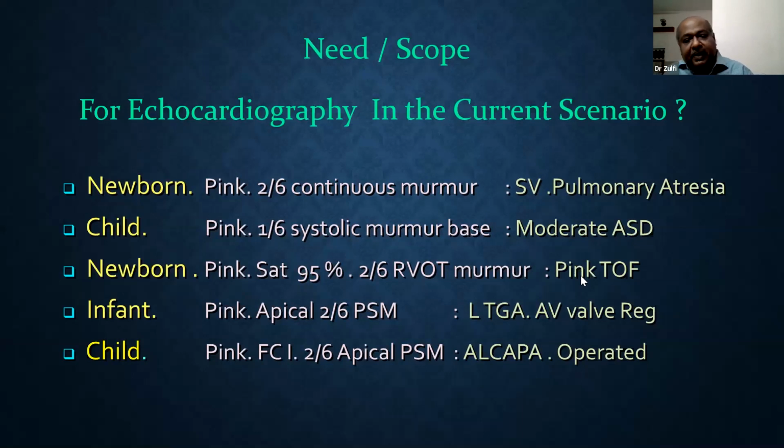And recently we had a child with a 2/6 pansystolic murmur who had been followed up for some time as rheumatic MR, and it turned out to be an ALCAPA, which was operated, and he is doing very well. So this again underlines the need and the scope for echocardiography in the current scenario.